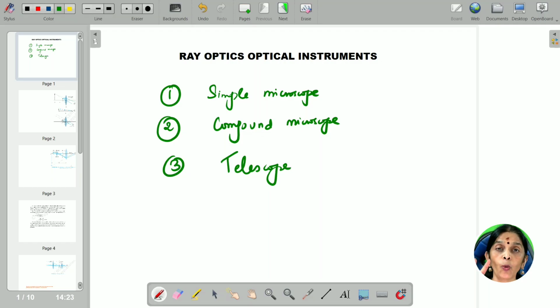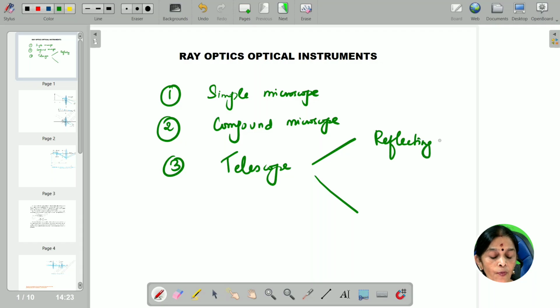This telescope has 2 parts. Number 1, reflecting type telescope, and number 2 is refracting type telescope. So, come, let us learn simple microscope.